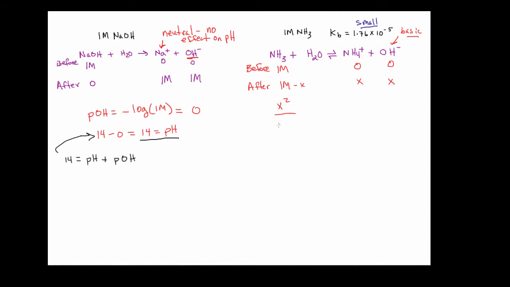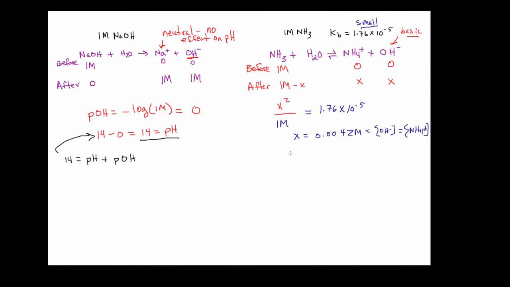So it's going to be X squared over 1 molar, and then we set that equal to our equilibrium constant. And when we solve for X, we get 0.0042 molar, and that is equal to the concentration of hydroxide, and it's also equal to the concentration of the NH4 plus.